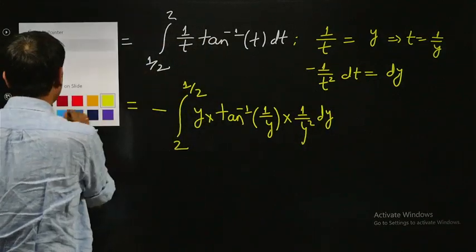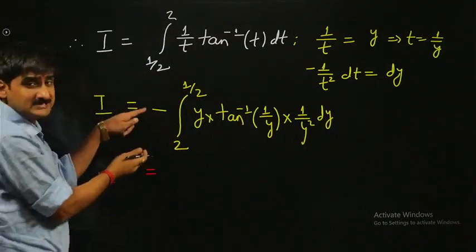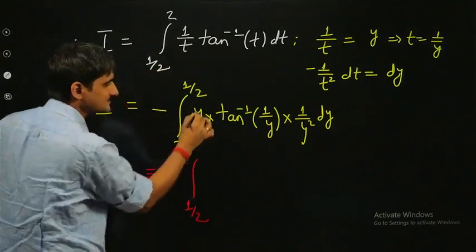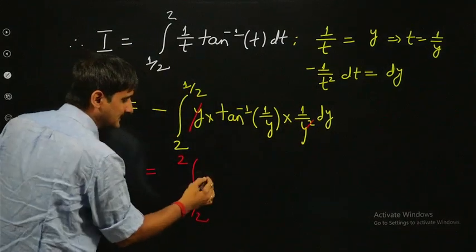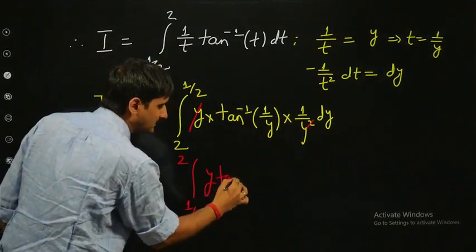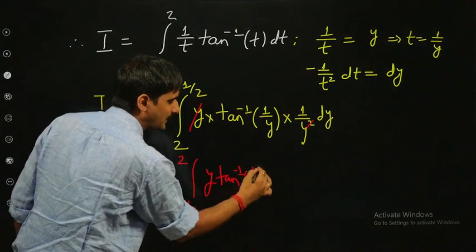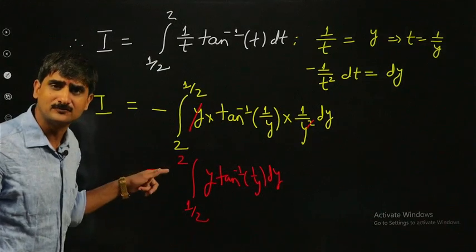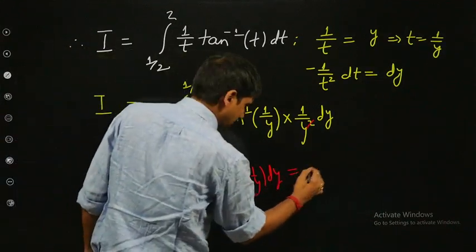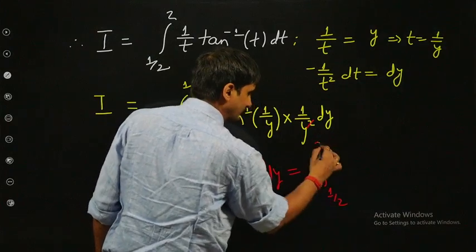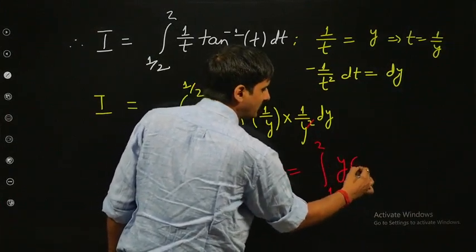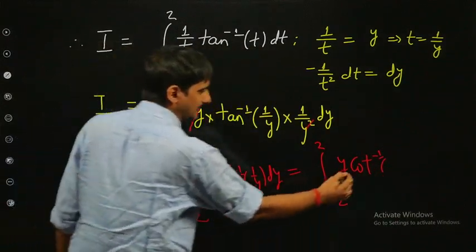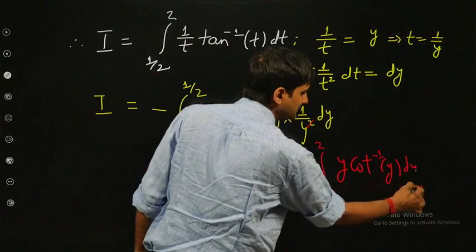So what do we get here? Since it's minus, we will again interchange the limits. So half to 2, y and 1 by y got cancelled: y into tan inverse of 1 by y dy. Since y is positive, tan inverse of 1 by y is cot inverse of y, so it is half to 2, y times cot inverse of y dy.